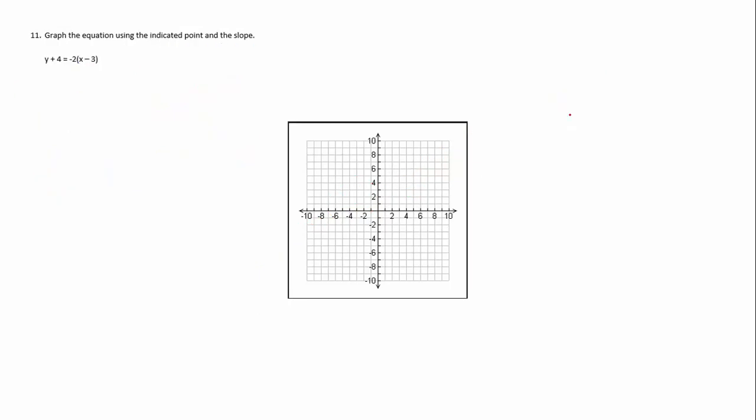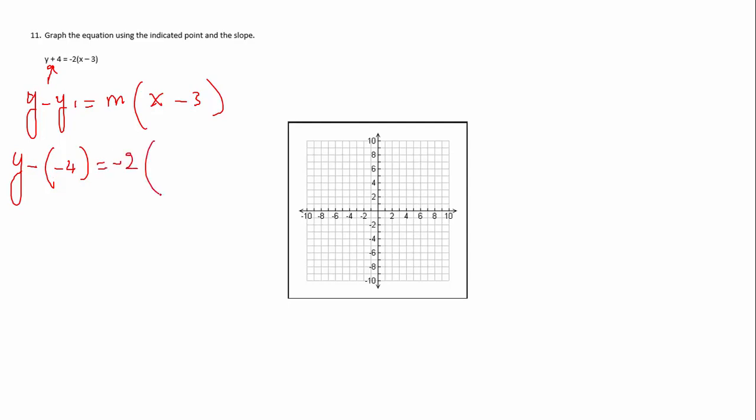Graph the equation using the indicated point and the slope. So again, what do we do here? We gotta change it to y minus y1, m, x minus x1, compare. This is plus, so what do we do with the plus? We change it to minus minus, because minus minus doesn't change, it's a plus 4, equals m is -2, and x minus 3, we don't do anything because we already have a minus sign here, so we're all set.